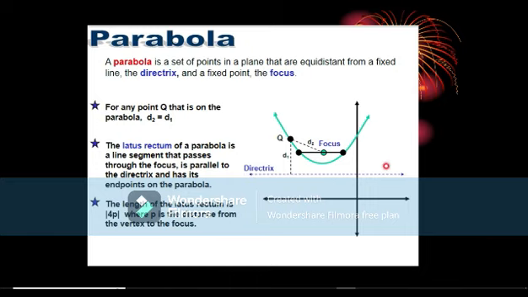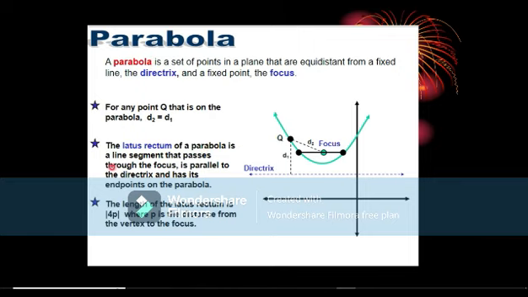If this is your directrix, this is your focus, and of course this is your vertex, and from the focus to any point on the parabola, we can have it as d sub 2, and from that point to the directrix, perpendicular to the directrix, you can have that as d sub 1. So if d sub 2 is equal to d sub 1, then that is actually the definition of parabola.